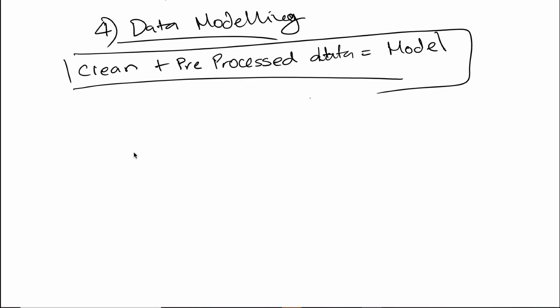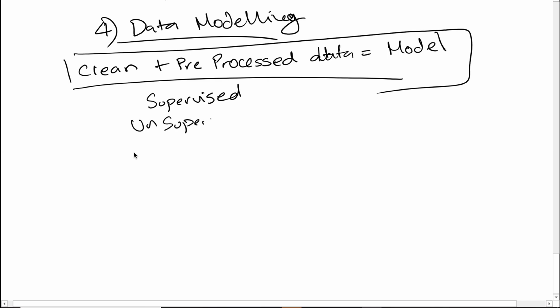You need to understand what type of algorithms you would use. Different types of business problems involve different types of algorithms that could be used. You need to understand whether the problem statement you're working with is a supervised machine learning problem or an unsupervised machine learning problem.